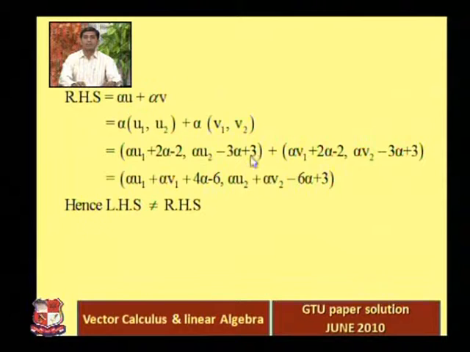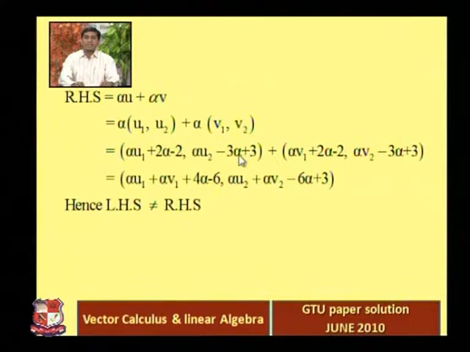Now from this step to this step we use the definition of addition, which is already given in the statement, right? So that is first coordinate plus first coordinate minus 2. So that is alpha u1 plus alpha v1 plus 4 alpha, right? 2 alpha plus 2 alpha is 4 alpha, minus 2 minus 2 is minus 4, and again minus 2, so that's why here minus 6.